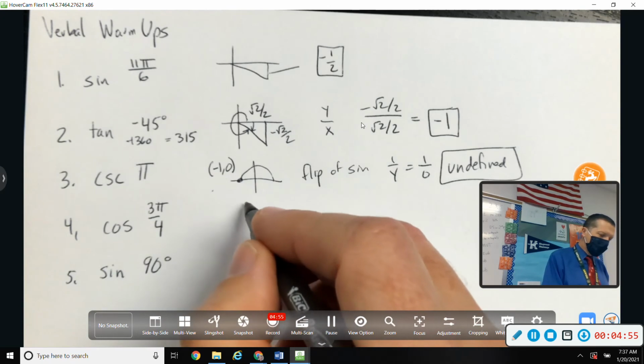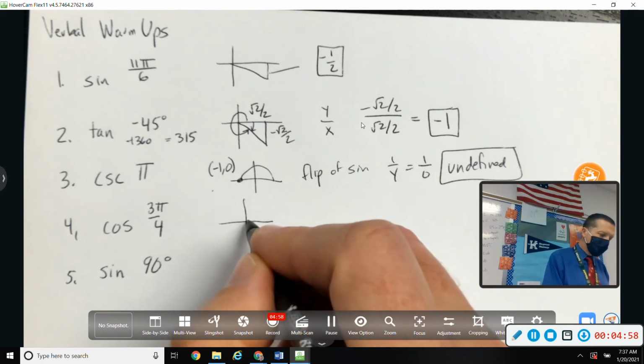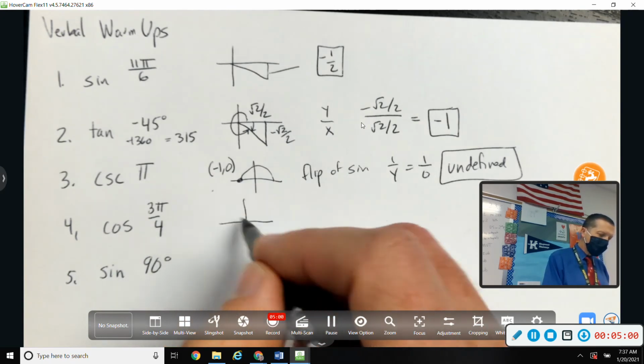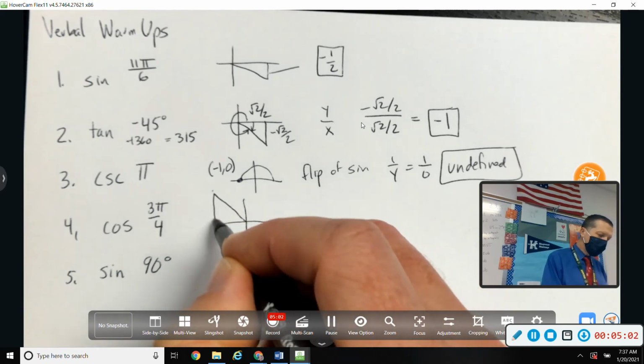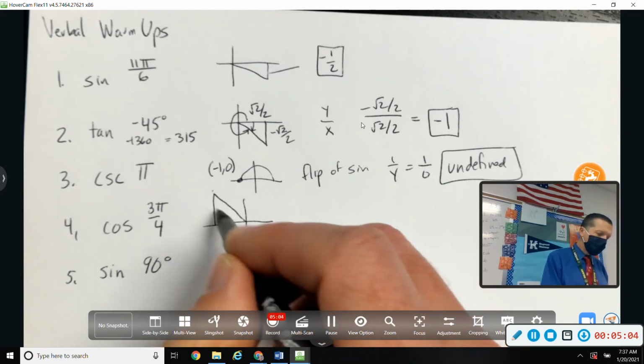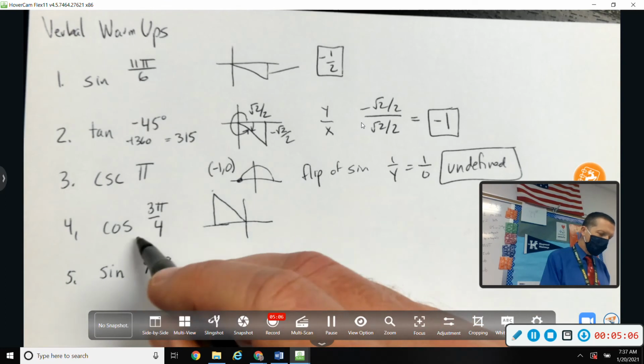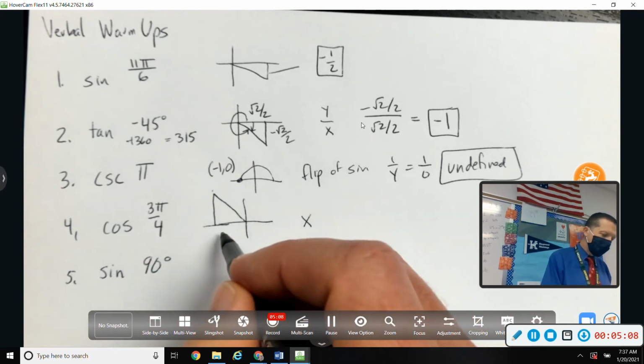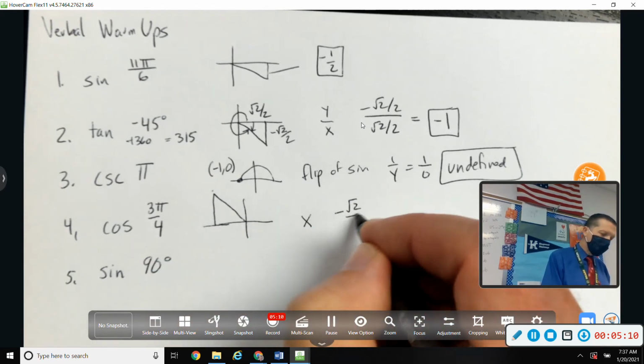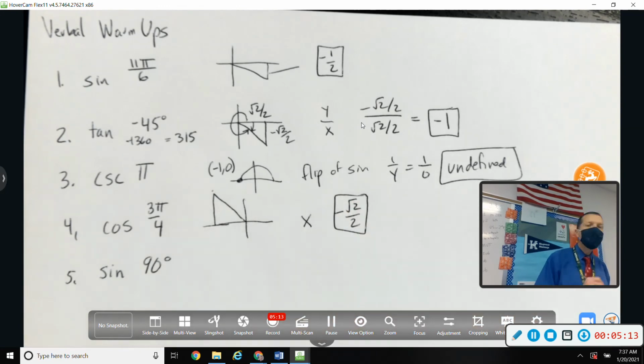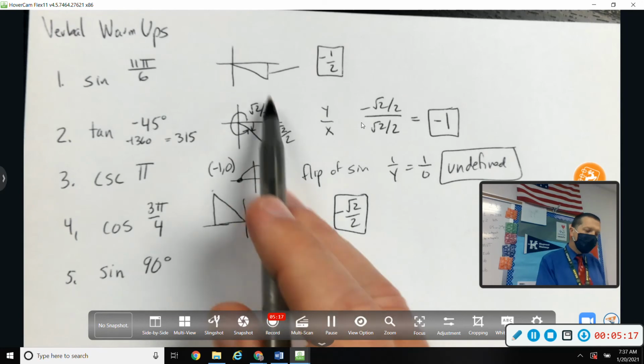Cosine 3 pi over 4. So 3 over 4 is almost to 1, so second quadrant. The 4 is the one in the middle, so the side lengths are the same. Cosine just means I need the x side, which is negative root 2 over 2. So to further answer your question, I want the picture, but you don't really even have to label the picture.